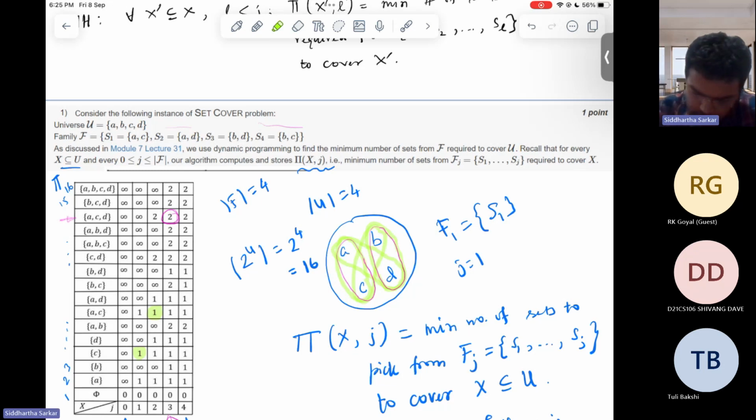No, so this entry I understand. So this entry is corresponding to taking S3. Once we have taken S3, which elements are covered? B and D are covered, but we are only intending to cover ACD, so forget B. We are covering D because we are going to include S3.